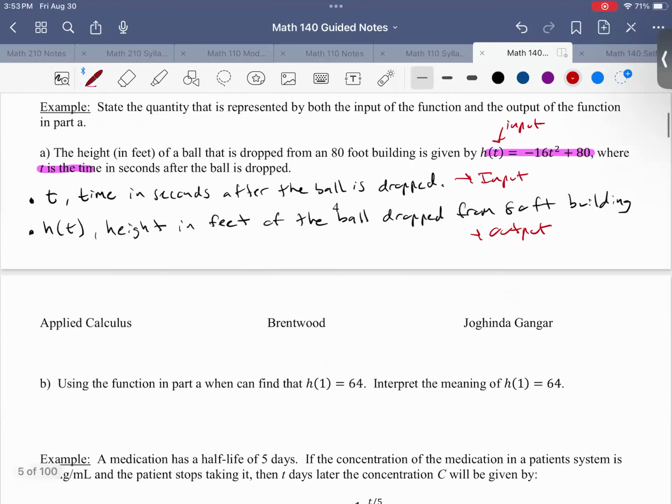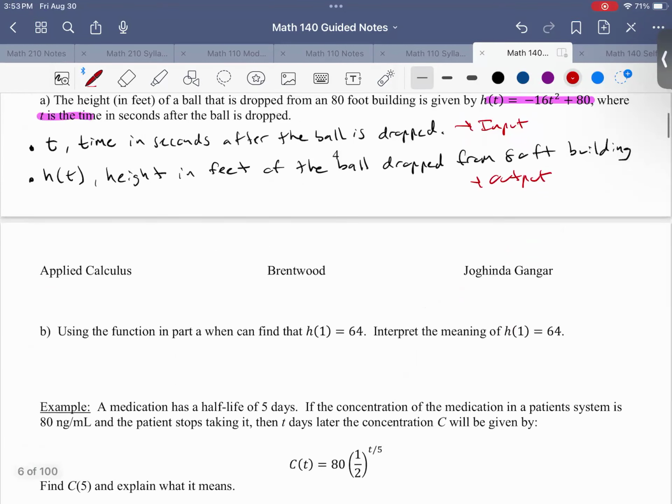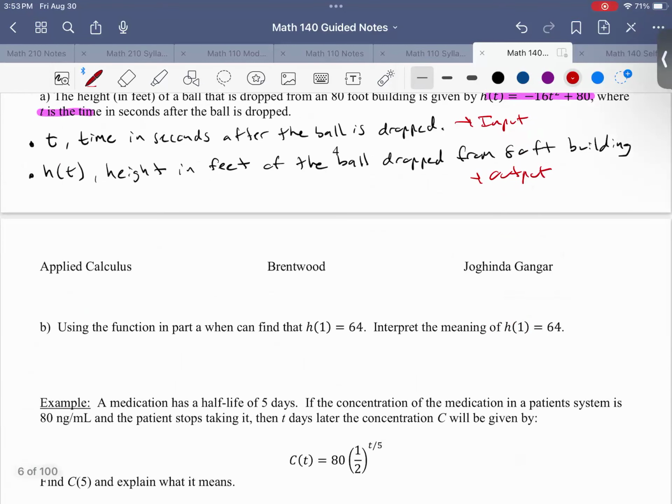Part B says using the function in part A, we can find that h of 1 equals 64. Interpret the meaning of this. So this means that our time t equals 1 second and our height h of t equals 64 feet. So that's what this is telling us.